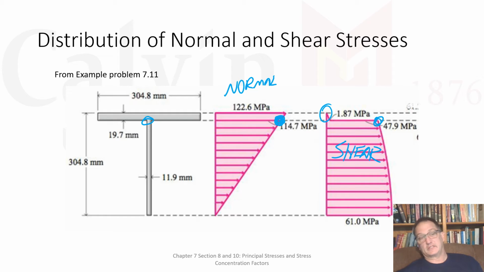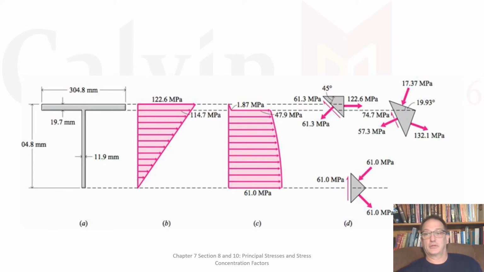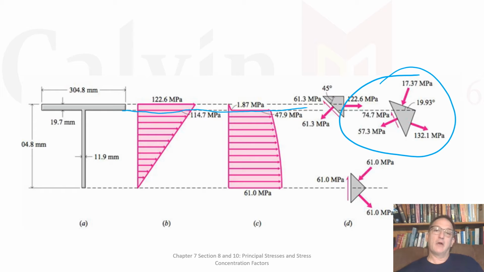If we continue to look at their example, at this section at the bottom edge, they calculate the principal stresses. That value for the principal stress is 132 megapascals. That compares to 122 megapascals when you just look at the axial stress, and 61 megapascals when you're looking at the shear stress.